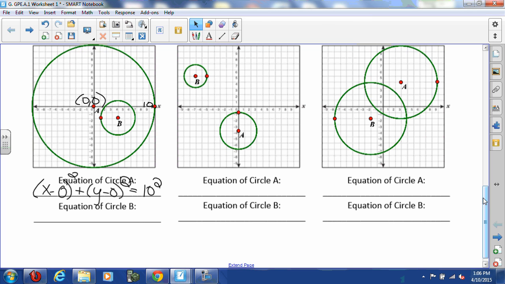Now I'm going to make it pretty. What's x minus 0? x squared. What's y minus 0? y squared. What's 10 squared? There's my equation for circle A. You do circle B, please. I'll check you.